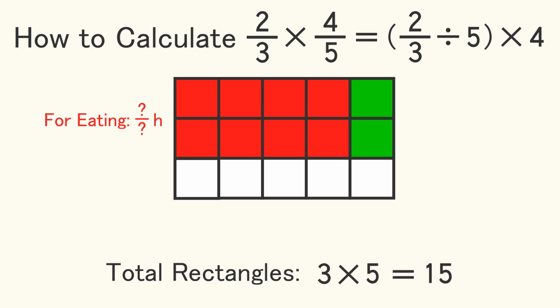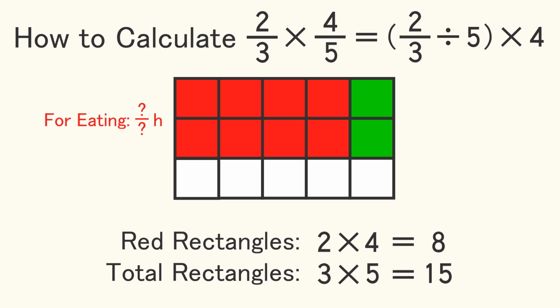Next, how many of these small rectangles are red and show the time spent eating? There are 2 small rectangles vertically and 4 small rectangles horizontally, so 2 multiplied by 4 equals 8 small red rectangles show the time spent eating.